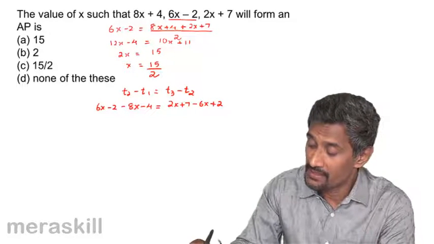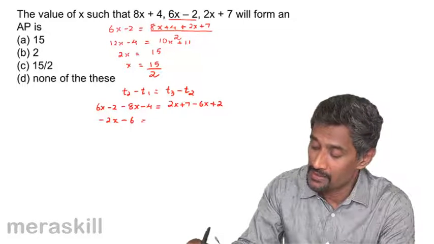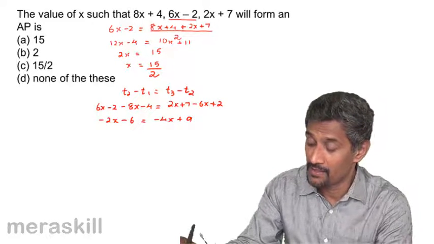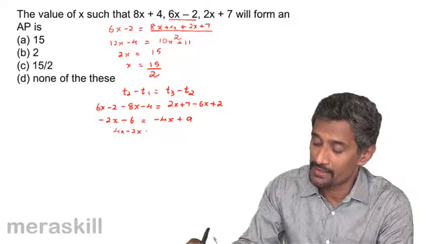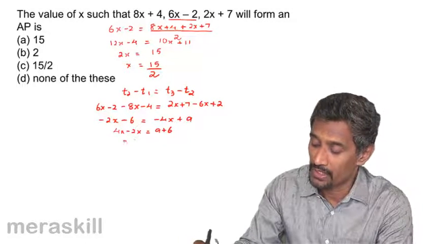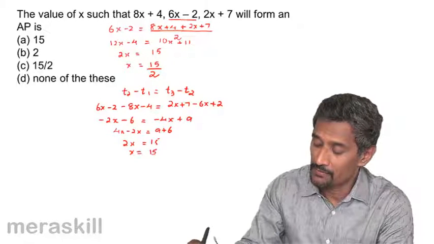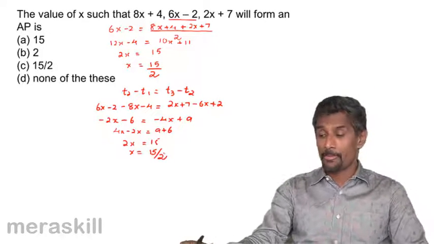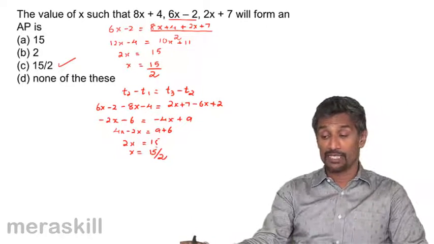So 6x minus 8x is minus 2x minus 6 is equal to minus 4x plus 9. So rearrange it, and this will turn out to be 4x minus 2x is 9 plus 6. So you get 2x is 15 and you get x is 15 upon 2. So either way you can do it. x is 15 upon 2 and hence we have this as the right answer.